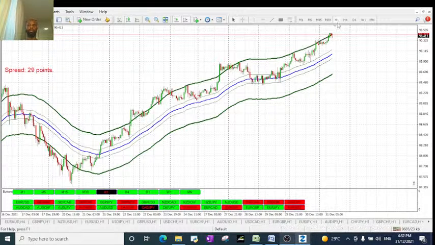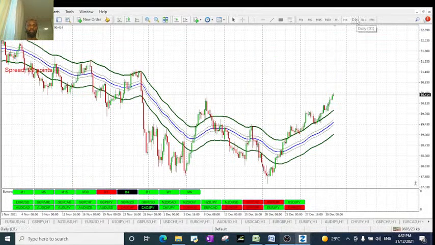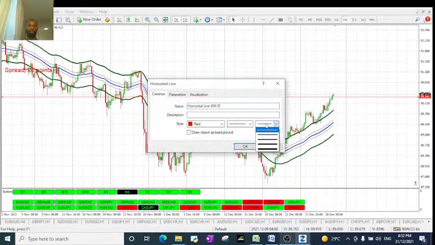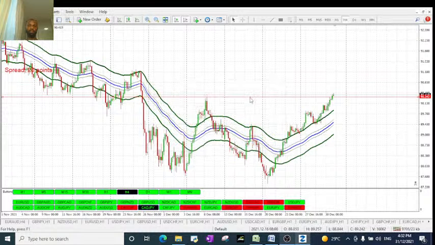This is a strong uptrend. And we have nothing in front of us. Canadian dollar, Japanese yen. Absolutely nothing in front of us. The nearest zone is somewhere here.